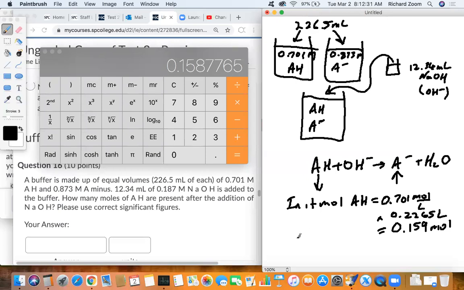And we also need to see how many moles of OH minus we're adding. We'll say initial moles of OH minus, which is going to be 0.187 times 0.01234 liters.